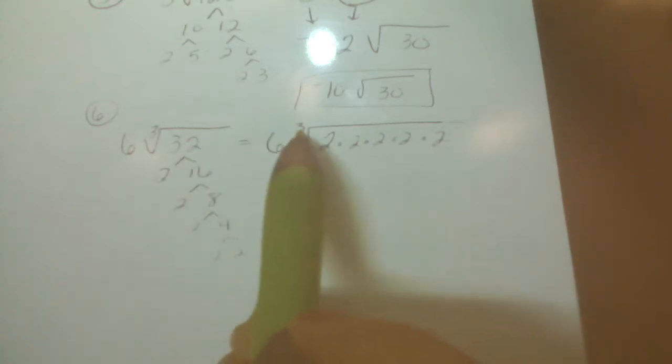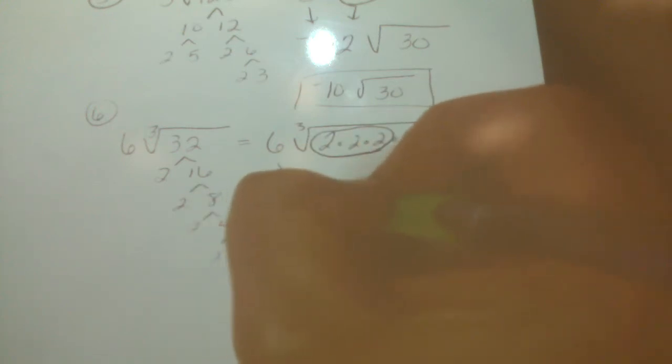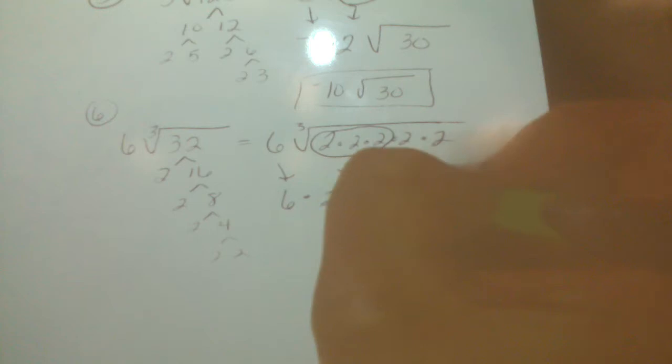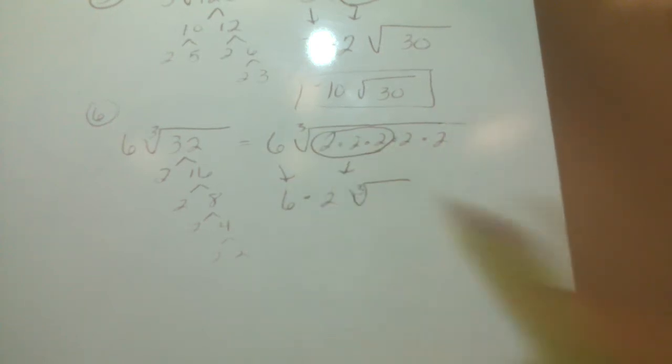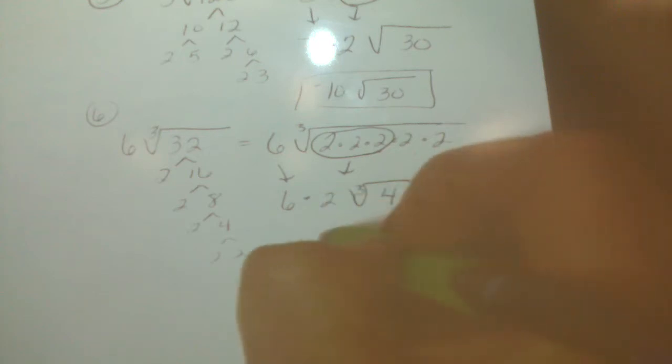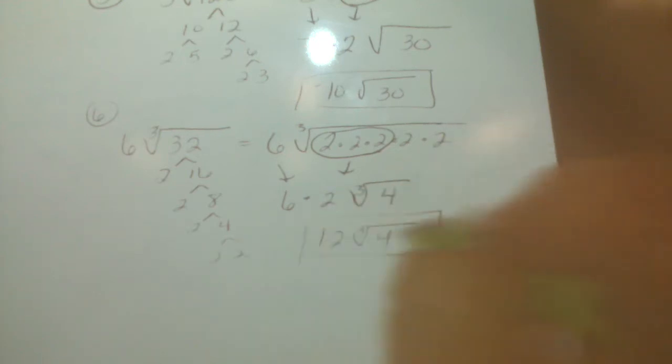Because the root is 3, I'm trying to find 3 of the same number, which is right here. So I'm going to bring down that 6 times the 2 that I'm going to take out, and then I'm left with the third root. Don't forget to write that 3, the third root of 4. So 12, the third root of 4.